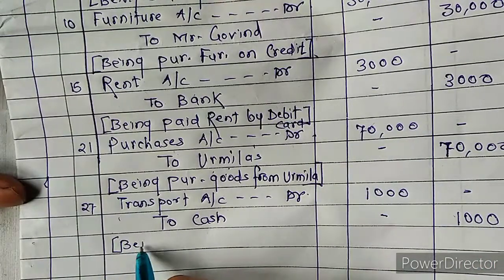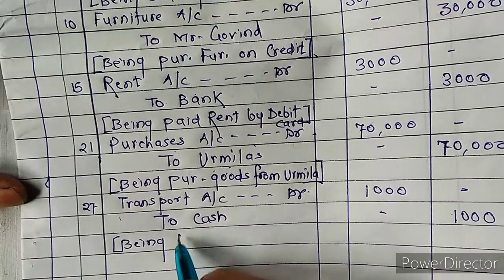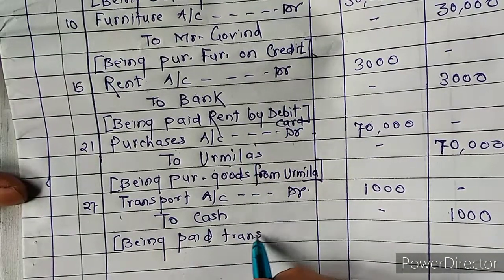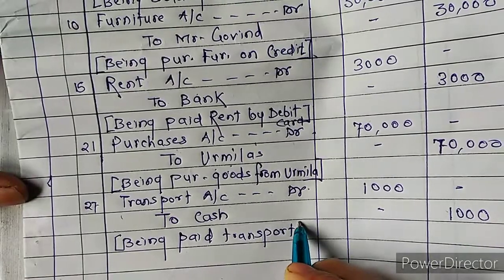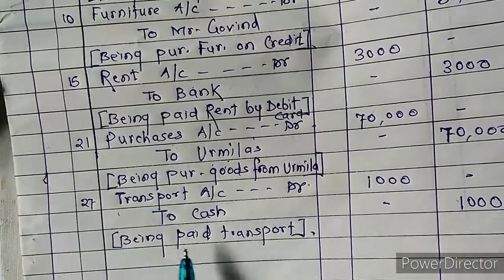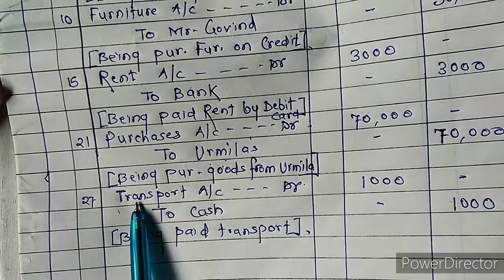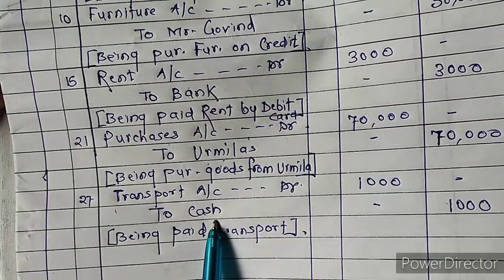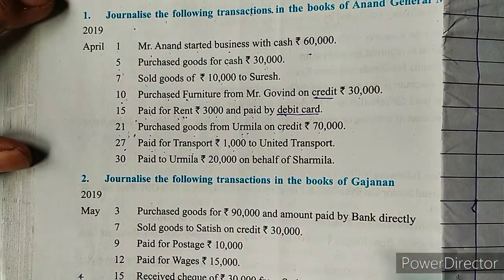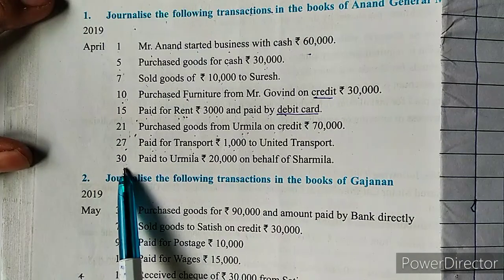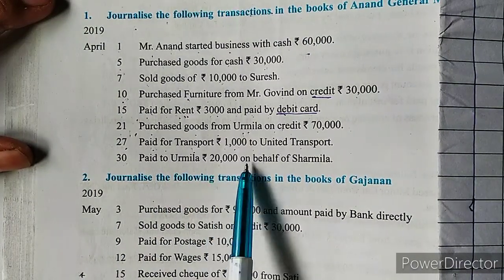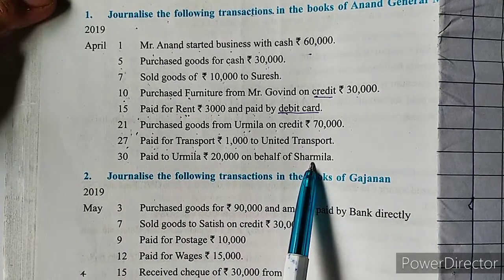Being paid transport. Transport is an expense, so we have given debit to transport, and cash goes out, so we have given credit to cash account.